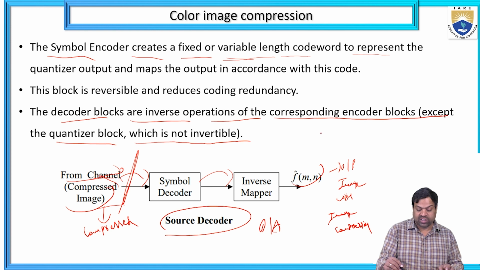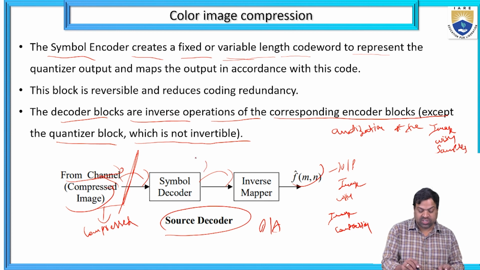Here, in the decoder, quantization of the image with samples. So from the channel, compressed image, symbol decoder, inverse mapper. These are the final stages before the decompressed image.